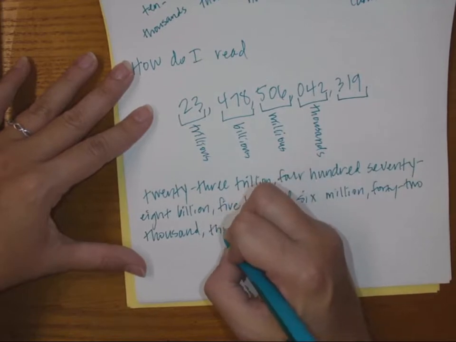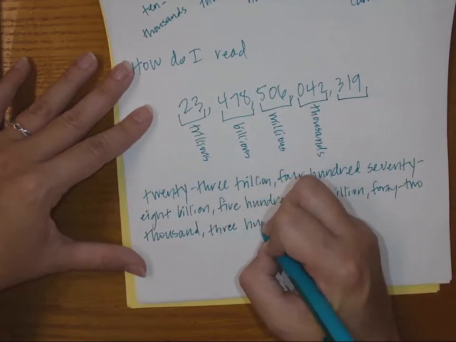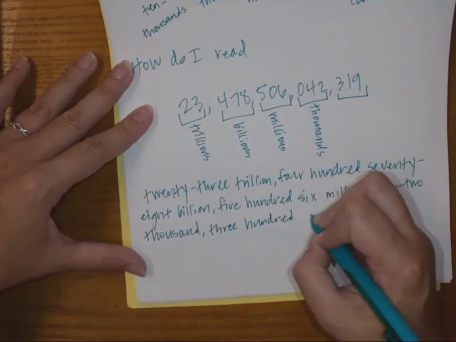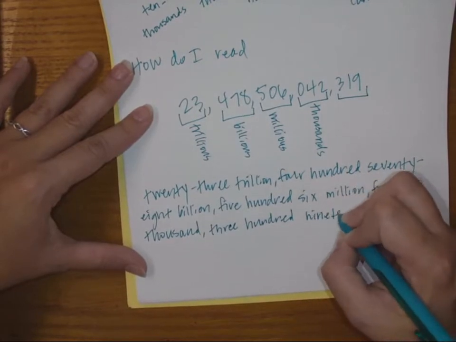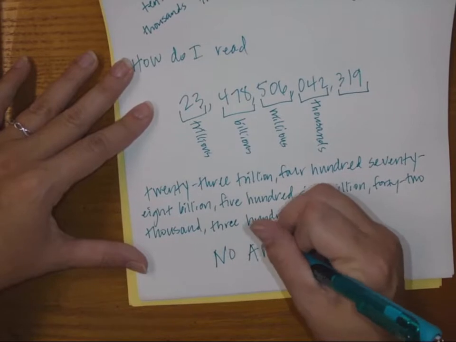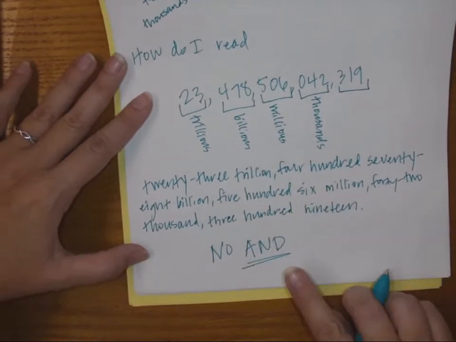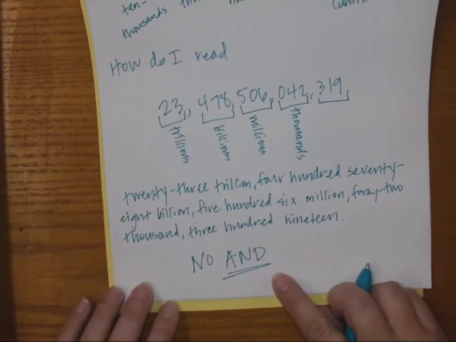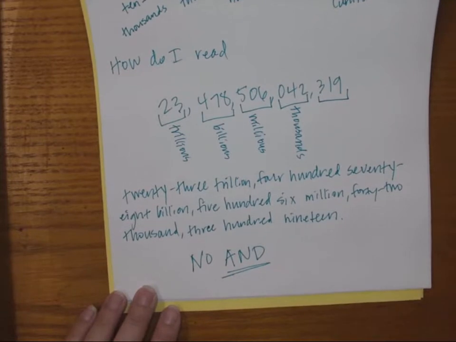So just a reminder, do not use the word "and." And actually represents a decimal point, and we're not talking about decimal points here.